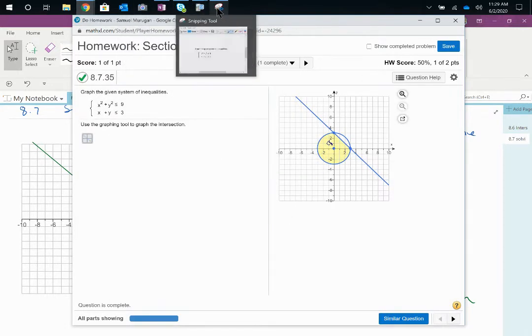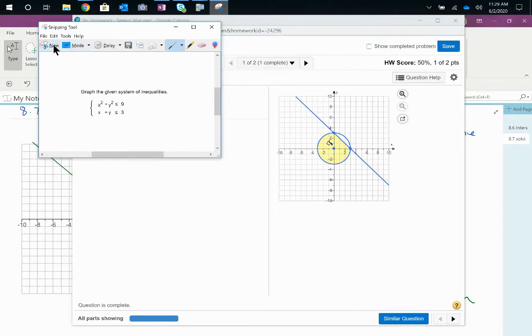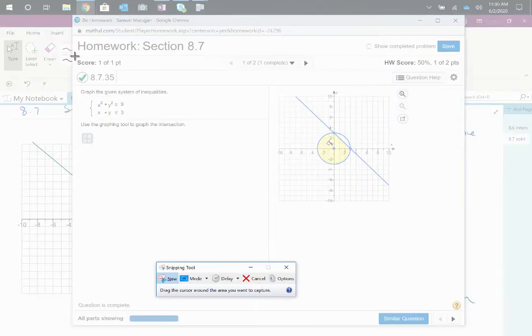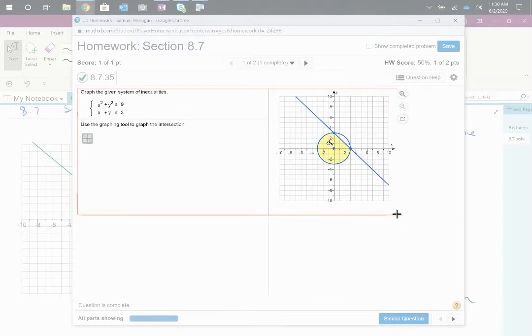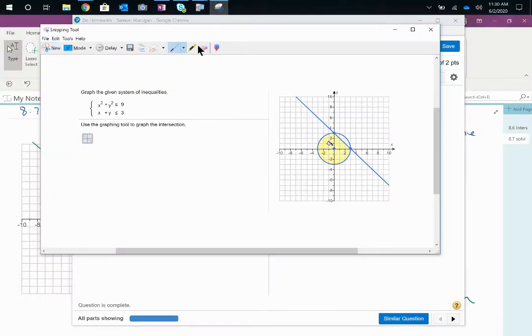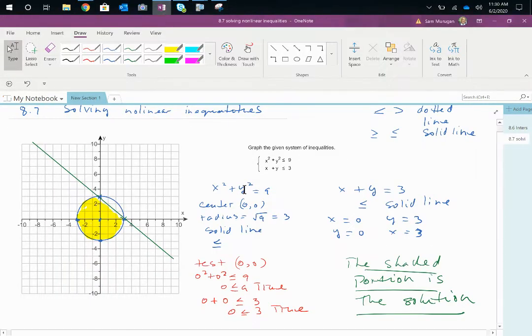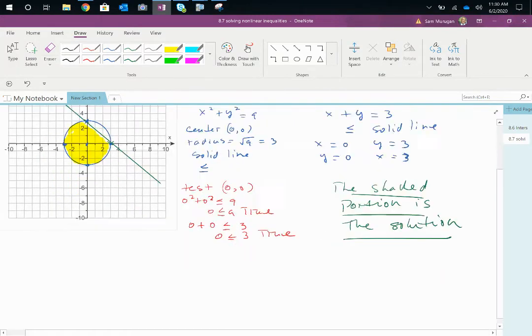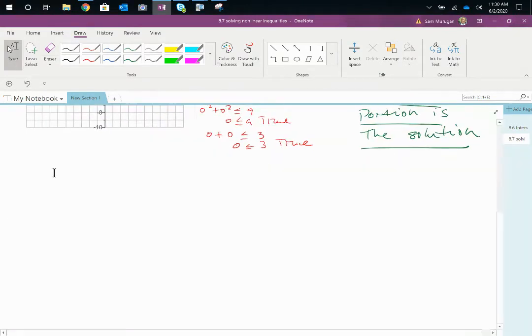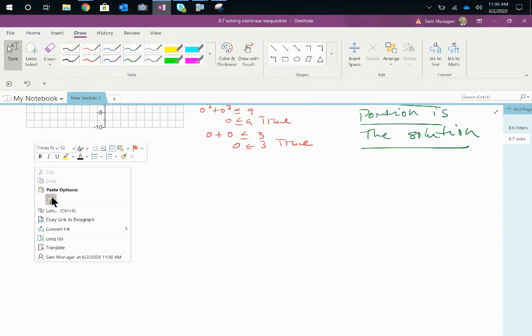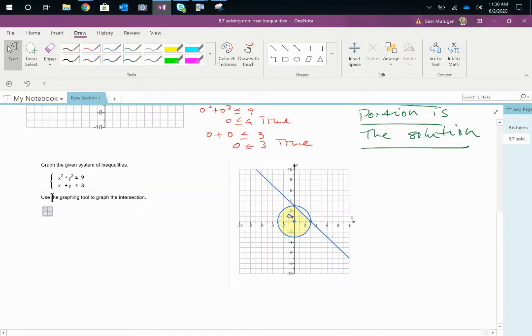So most of the time you'll get to the correct answer. Just make sure that you're using the graphing tools and that you're paying attention to whether the lines are solid or dotted.